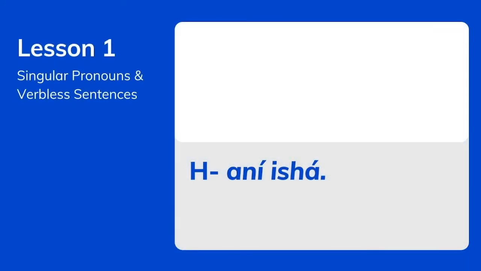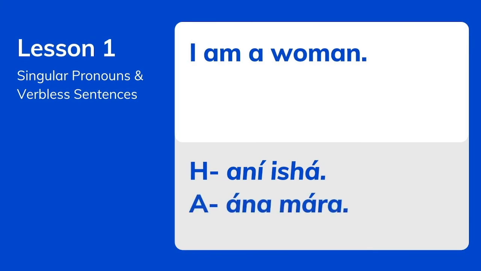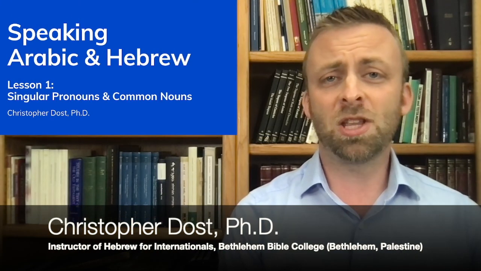How would you translate ani isha into English and into Arabic? Ani isha. I am a woman. Ana mara.